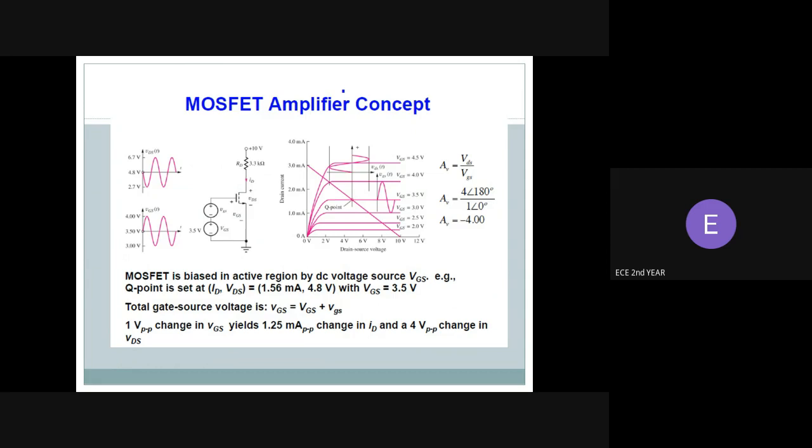MOSFETs are capable of high scalability, and with increasing miniaturization can be easily scaled down to smaller dimensions. They are also cheaper and have higher density compared to the BJT.